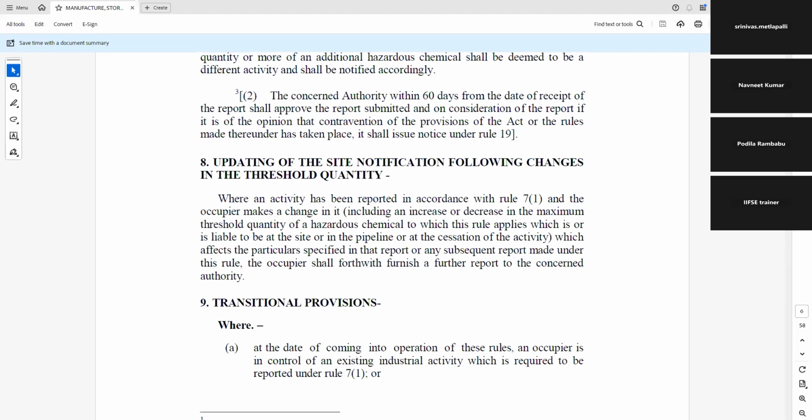Okay. Then updating the site notification following changes in the threshold quantities.